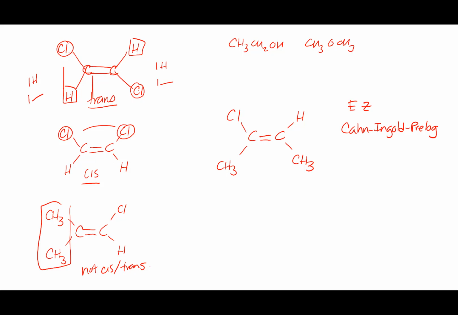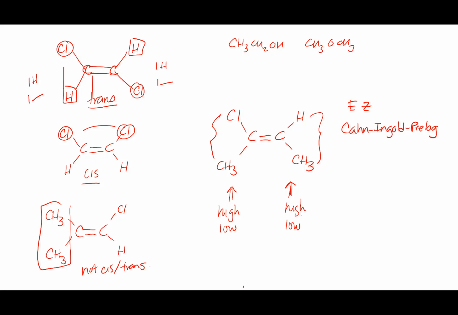So what I really would like is to look at these 2 groups on this carbon, these 2 groups on this carbon, and say one is a high priority group just for these two. I've got one high and one low priority group, and over here I've got one high and one low priority group.